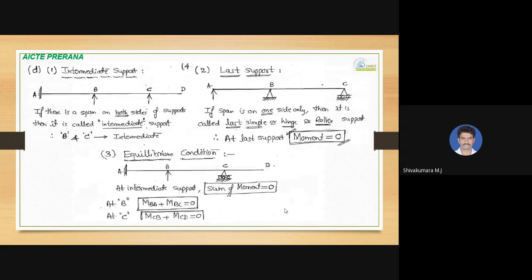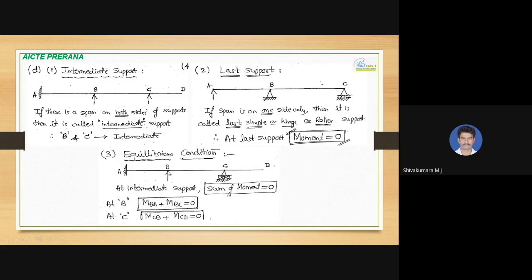And now you come to the conditions of equilibrium or compatibility condition. See here, the equilibrium condition. If we take A, B, C, D, where CD is the overhanging portion, A is a fixed support and B is an intermediate support. At an intermediate support, the sum of moments will be equal to 0.